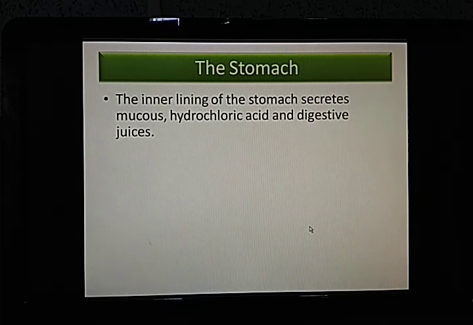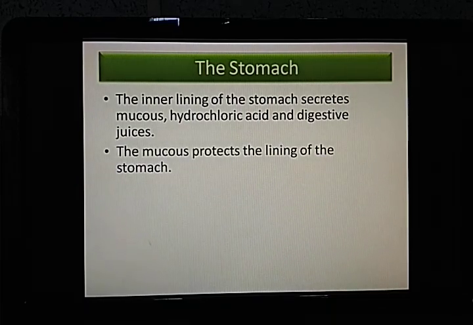The inner lining of the stomach secretes mucus, hydrochloric acid, and digestive juices. A while ago I said that these are very reactive in nature, as a result of which the walls of the stomach are very thick. This hydrochloric acid, mucus, and digestive juices are all secreted by the stomach itself, from the inner walls, the inner lining.